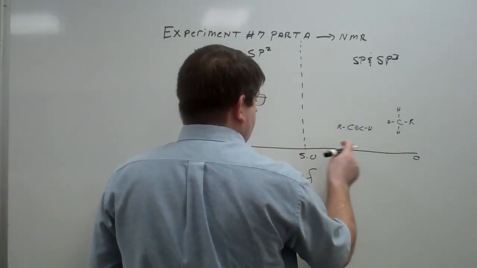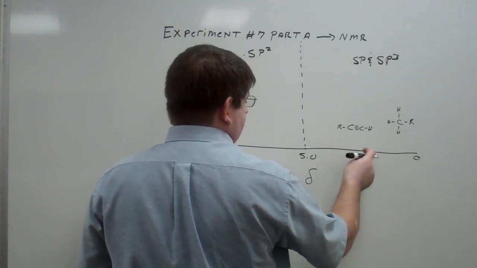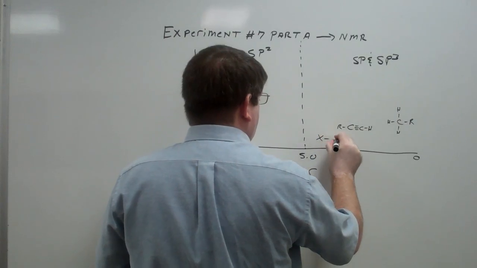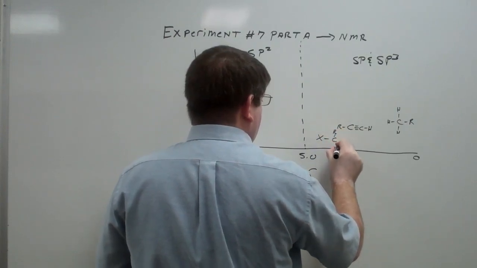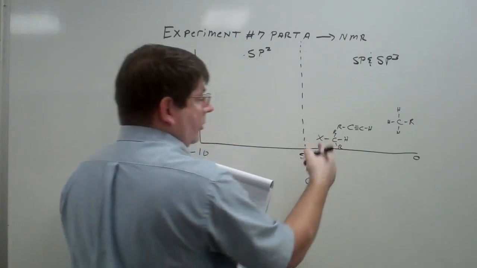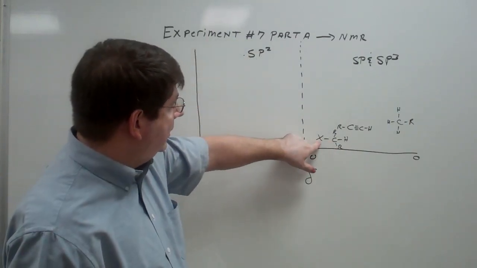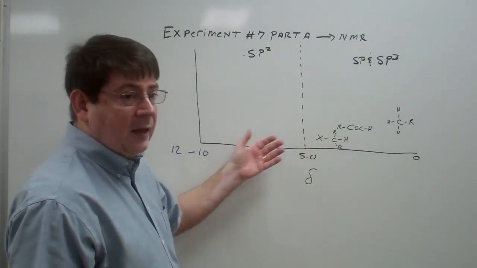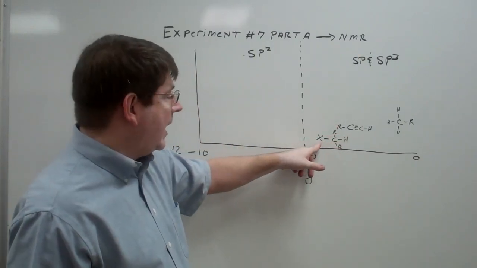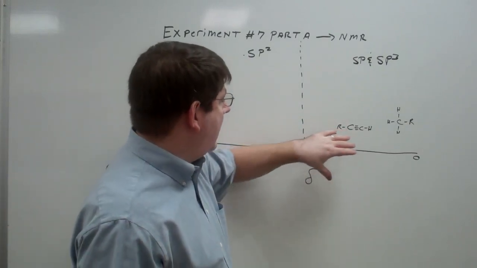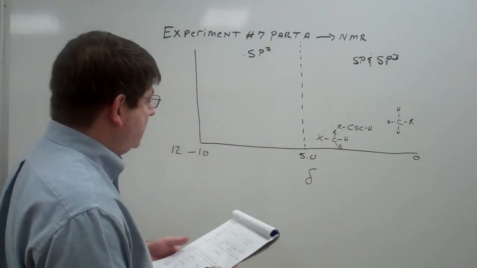And further down from that, so somewhere between 3 to 5, you're going to have hydrogens that are directly attached to a carbon that's very electronegative. And I'm just going to represent the electronegative group as X. So if X is fluorine, it's going to appear further down than if it's chlorine. If this is a nitro group, for example, it's going to appear quite far down. And so we can kind of gauge what we have based on that.